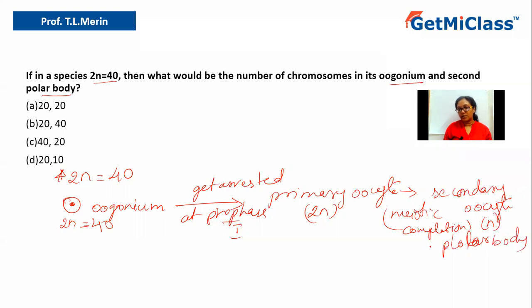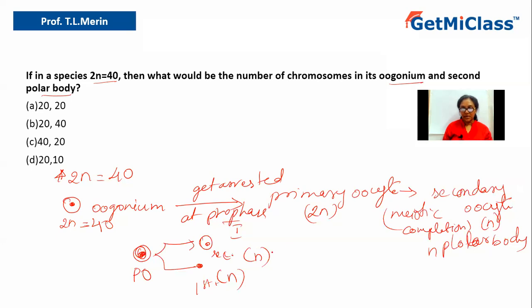And this polar body is also haploid. So this primary oocyte will undergo meiotic division and give rise to the secondary oocyte and a polar body. The secondary oocyte is haploid in nature, and even the polar body is haploid in nature. This is the first polar body.